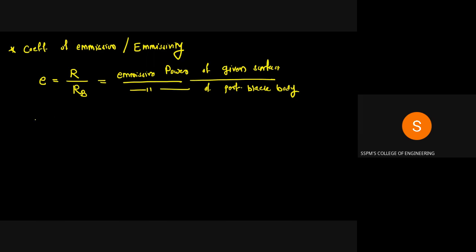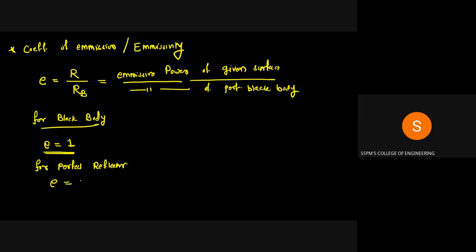So for a black body, the coefficient of emission or emissivity is equal to 1. And for a good reflector, which is a perfect reflector, the coefficient of emission or emissivity E is equal to 0.